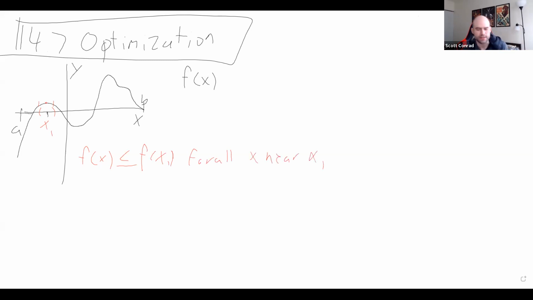In other words, in some interval containing x1. So we say that's a local max of our function there.